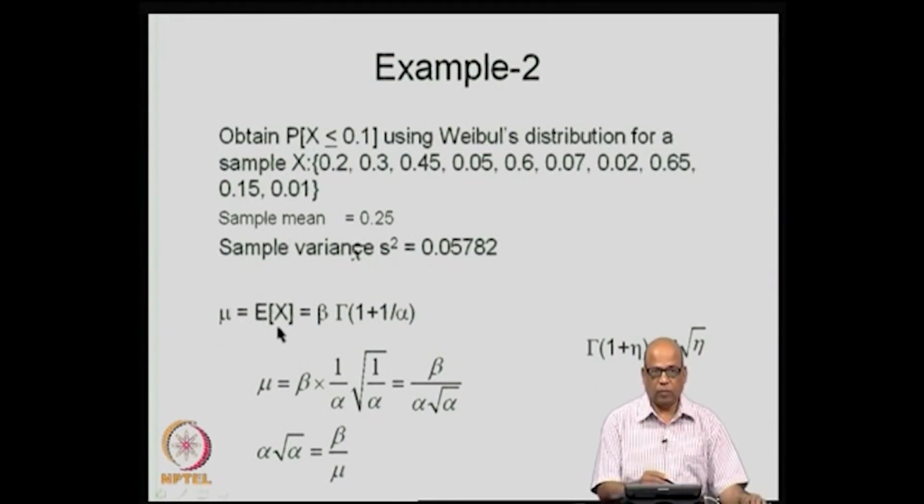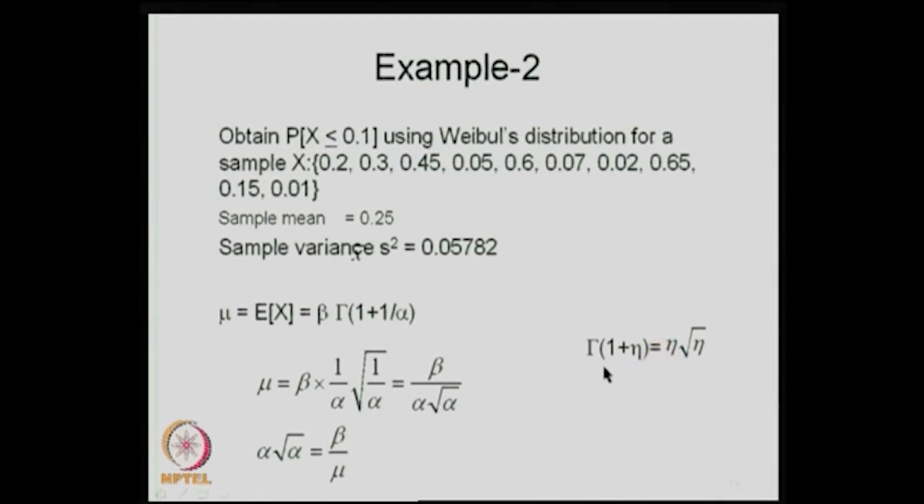Mu is equal to the expected value of x, which is equal to beta into gamma function of 1 plus 1 by alpha. Recall that when we introduced the gamma function in the gamma distribution, we said gamma function of 1 plus eta can be written as eta times gamma of eta.